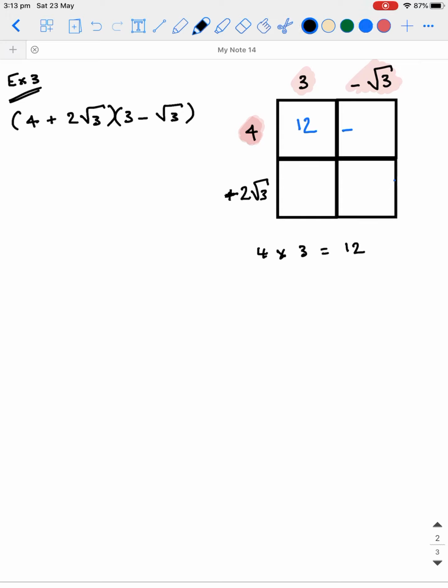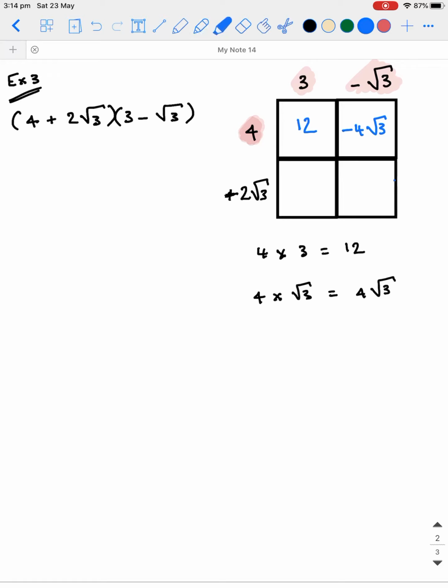And if I then take the 2 number parts, or the 4, and I multiply that by the root of 3, then what I get is 4 root 3. And it's a 4 root 3 again, that goes in here, but keep in mind that it is negative.